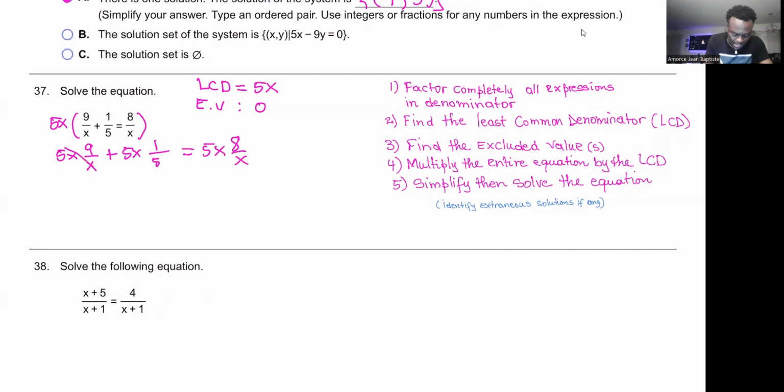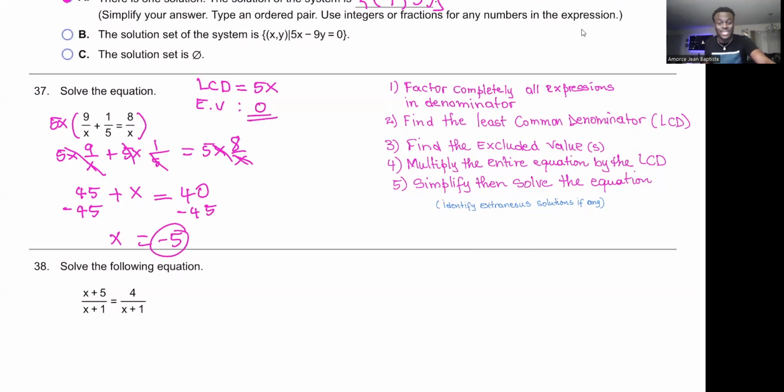So let's simplify. x gets simplified, so we get 45. 5 gets simplified, you get x times 1, plus x, equals, x gets simplified, so that is 8 times 5, 40. Then we can just subtract 45 on both sides, and then we get x by itself equals -5. -5 was not an excluded value because the only excluded value we got was 0.